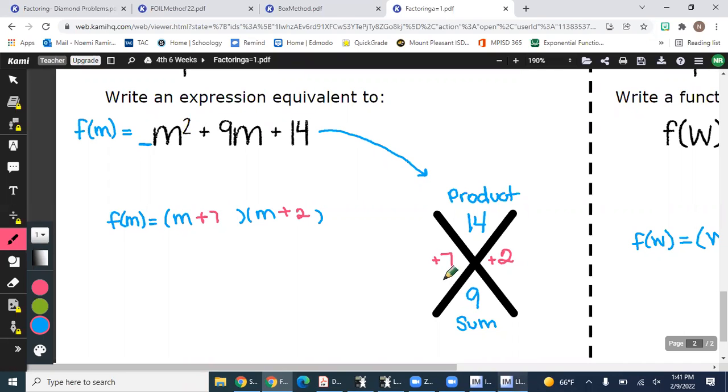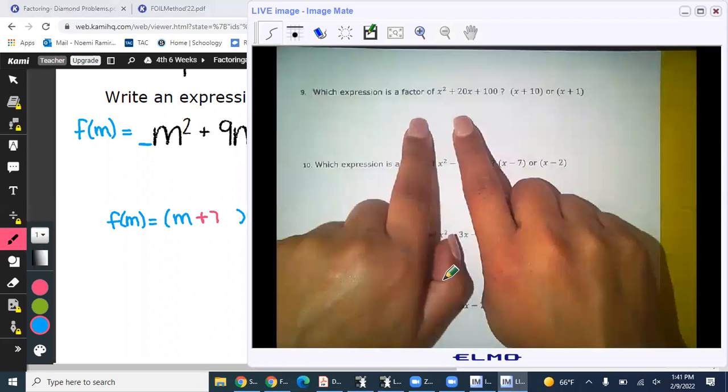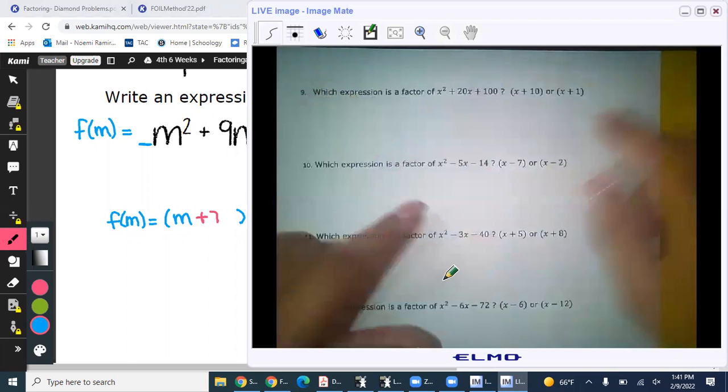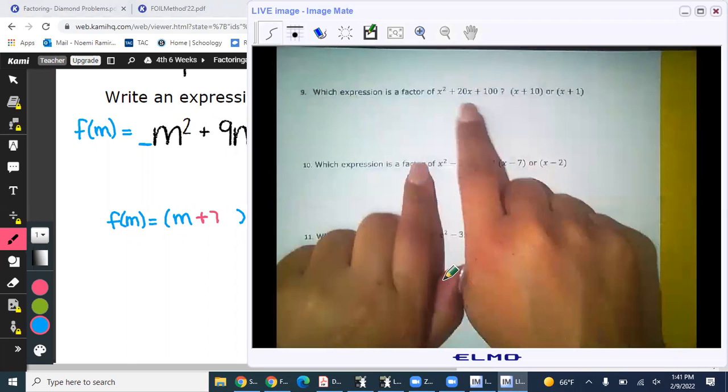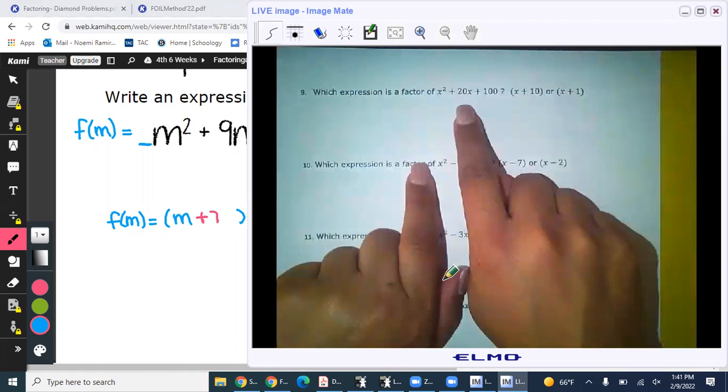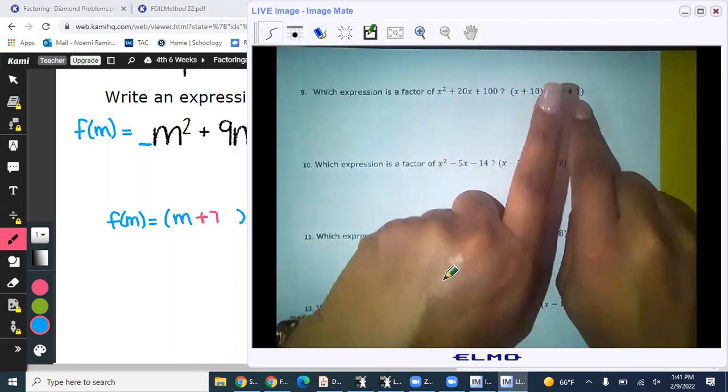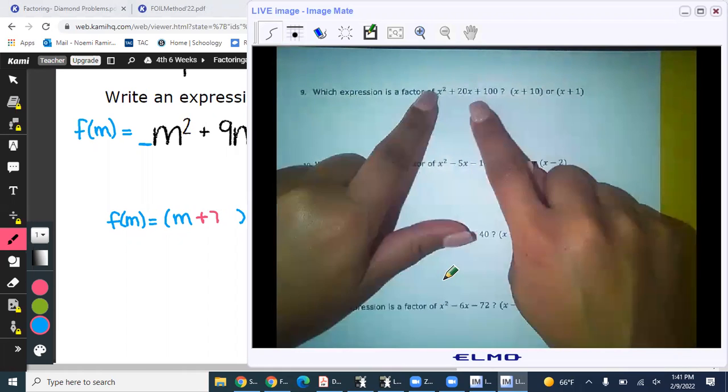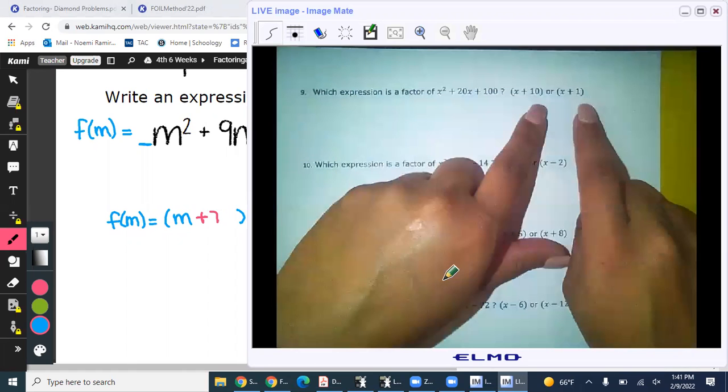So if I'm asking you for a factor, I'm asking you for how many of them? Just one of them. So you're still going to factor, but only one of these 2 is going to match.